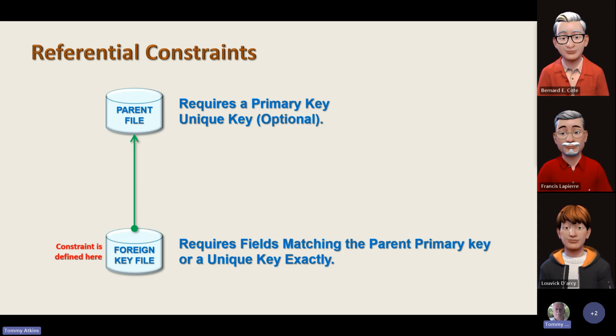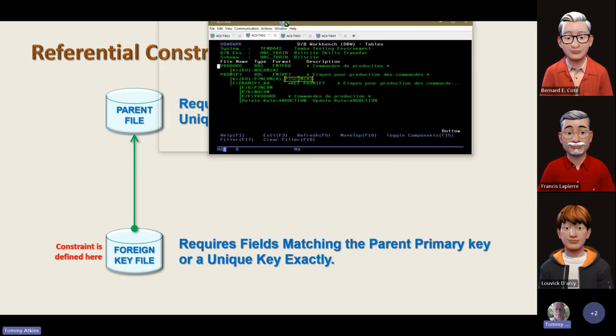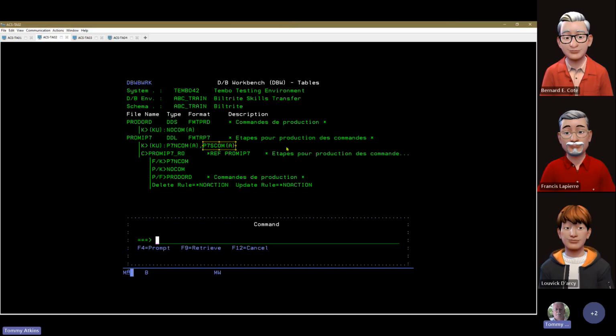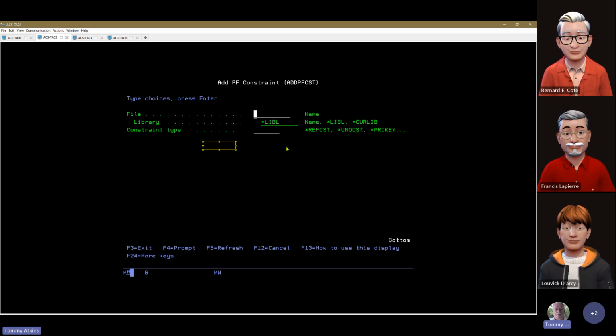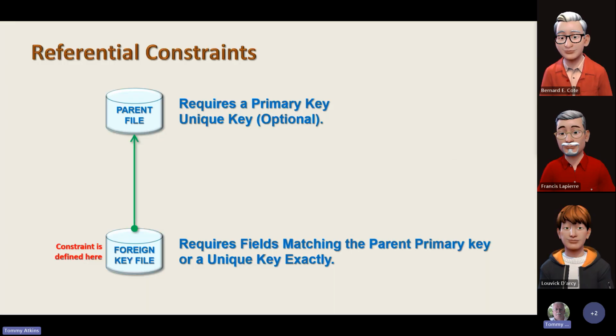And remember, this is so simple to create. You saw me create it. If I wanted to do it by hand, the command is add pfcst. That's the command that allows you to add a constraint to any file. AO does it for you because it then keeps a bit of control over it, and it keeps it documented, as you can see here.